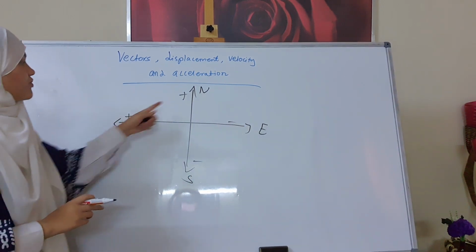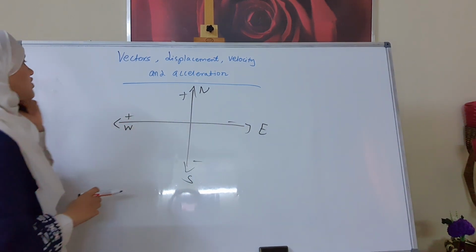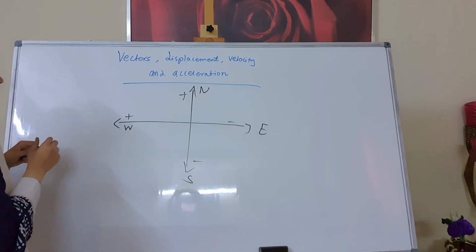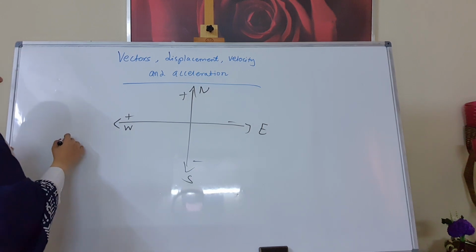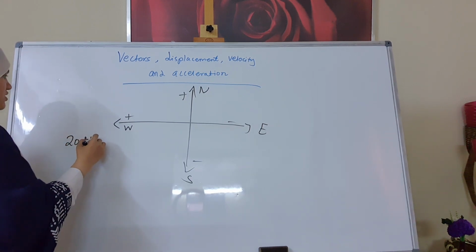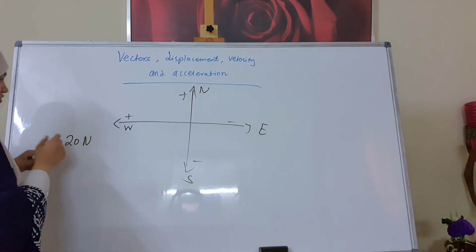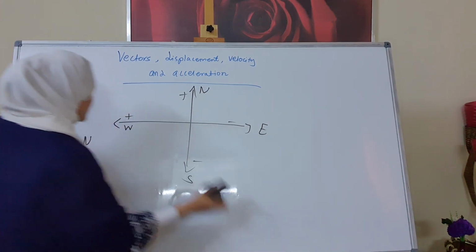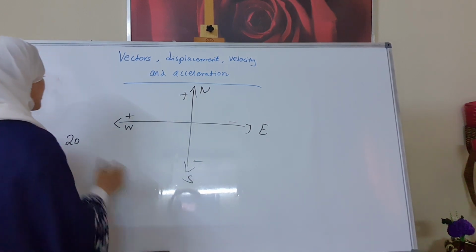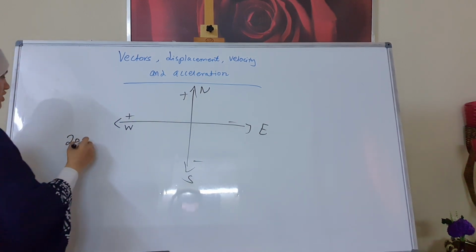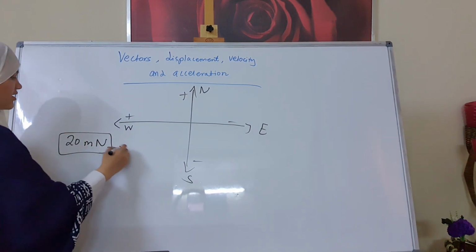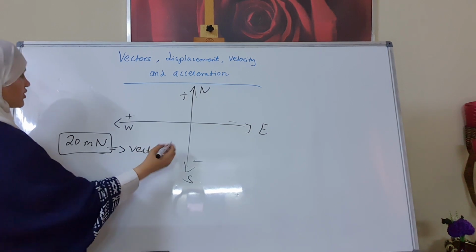Okay? So for vectors, an example of a vector is 20 Newton, or 20 meter north. We can say that it's an example of a vector, right?